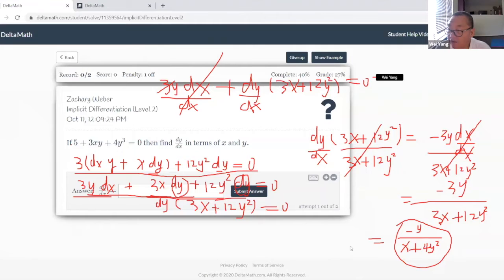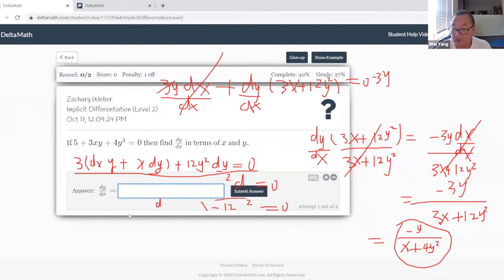Right side, you have negative 3y. Then you divide by 3x plus 12y squared on both sides. Then you get this one. That's dy over dx equals negative y over x plus 4y squared. Okay, so then you can input your answer here. Let me take this one away. Then you can see that clearly.